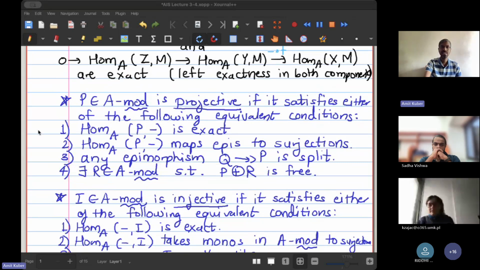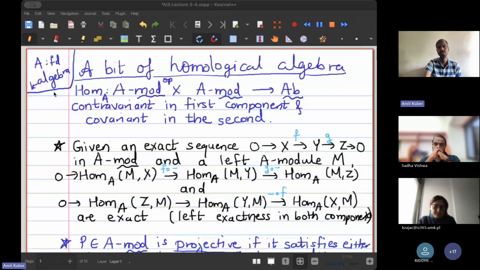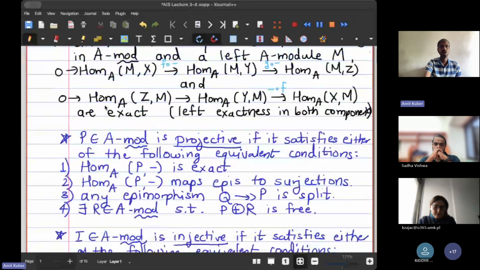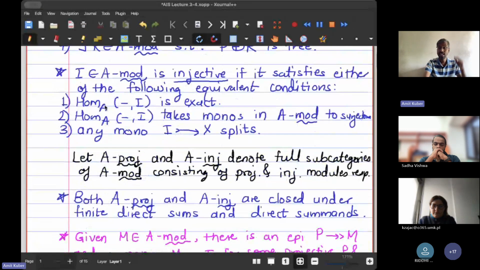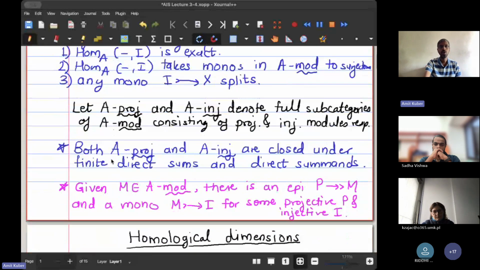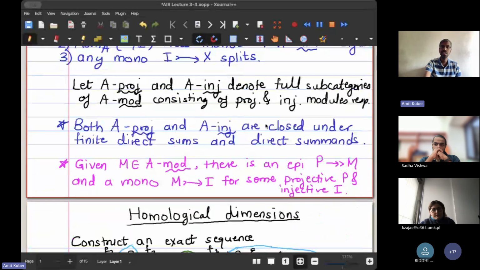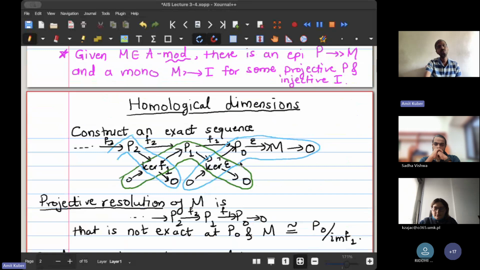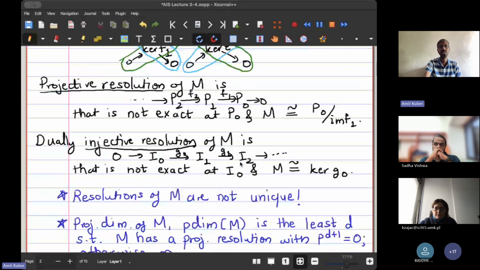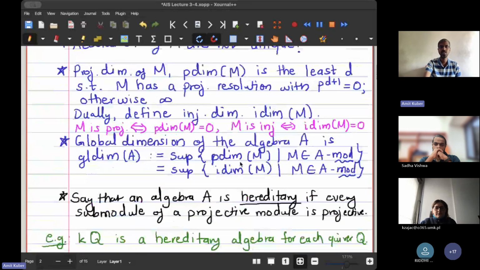However, in the case when A is a finite dimensional K-algebra, which is our base assumption, they are very similar. In fact, they are in one-to-one correspondence. Let me quickly recall that projectives and injectives in this case are closed under finite direct sums and direct summands. And then we defined the notion of a projective and injective resolution, and global dimension.